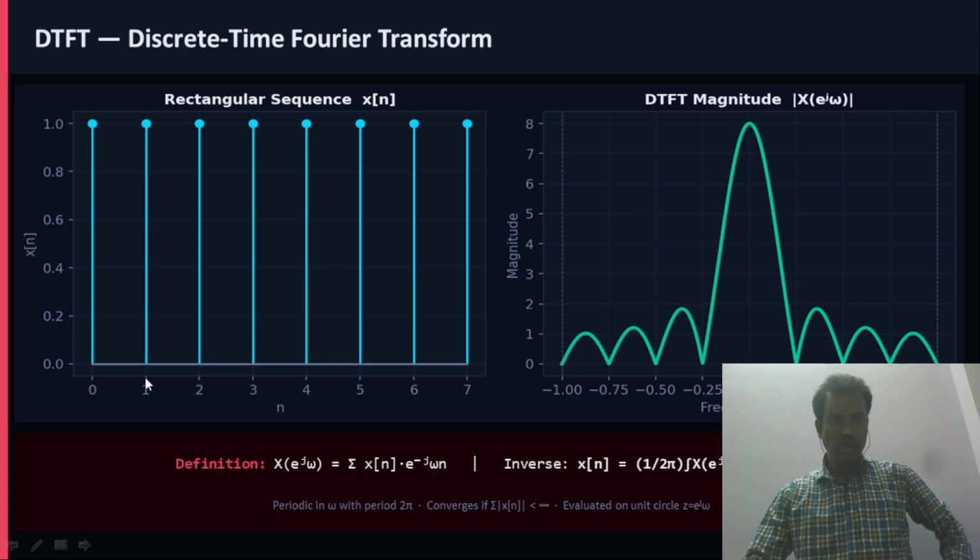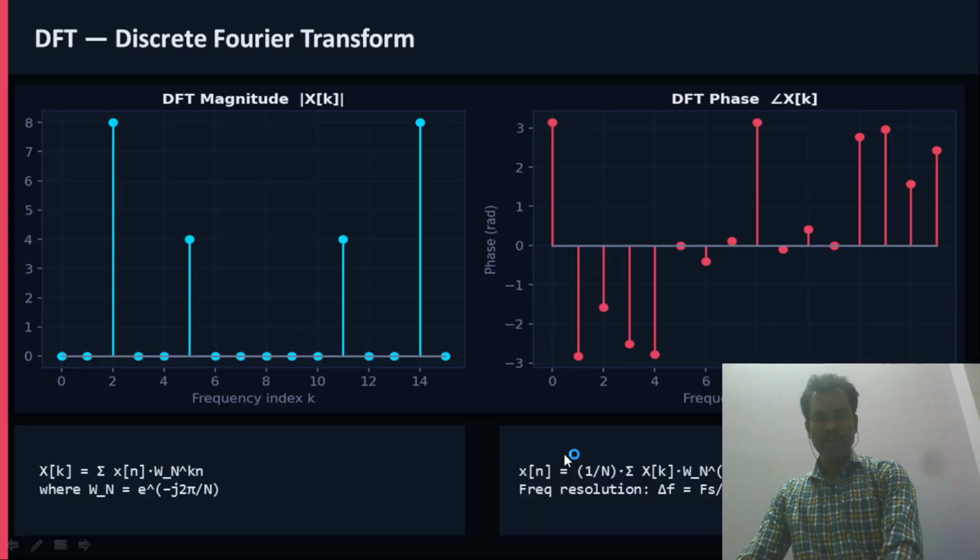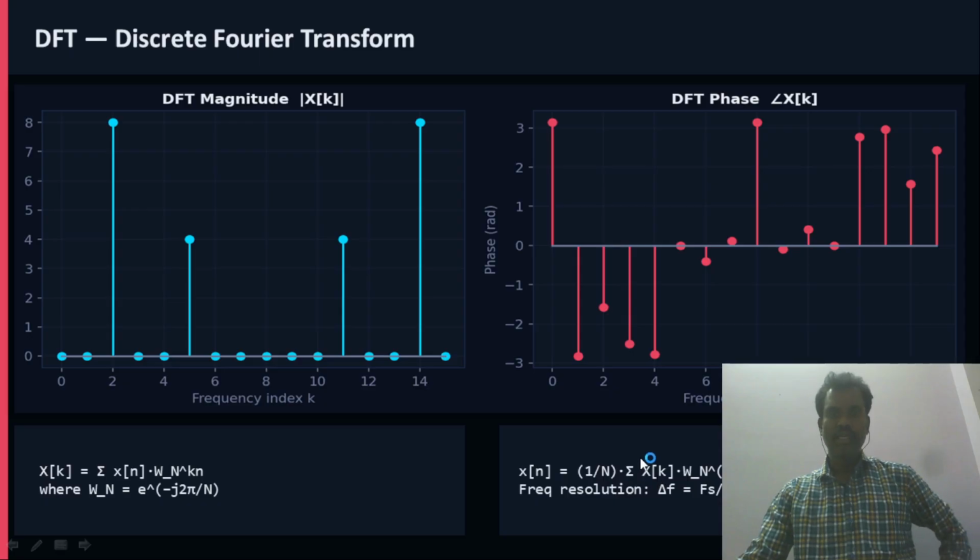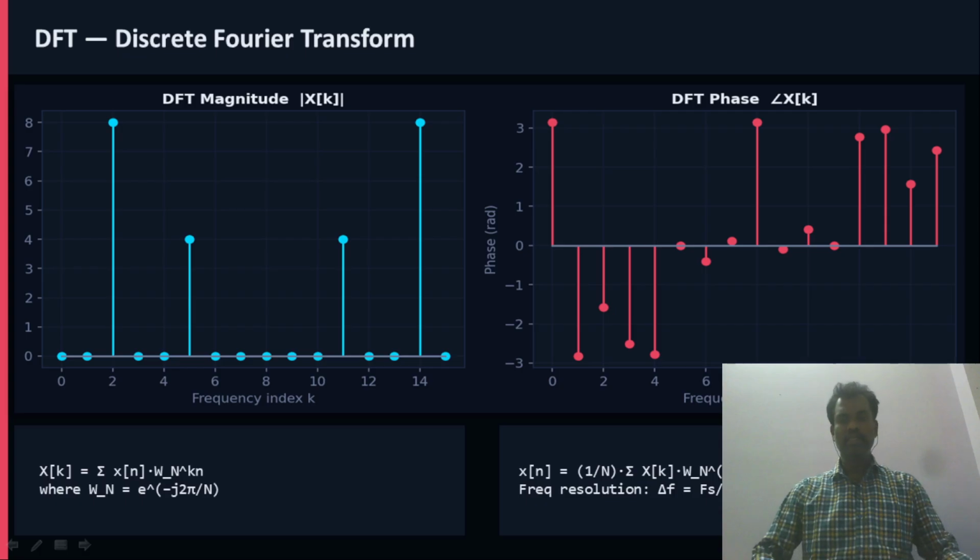Hence, the time domain counterpart, which is aperiodic, will become periodic. Therefore, in the inverse also, sigma k varies from 0 to N minus 1. X of k varies from 0 to N minus 1 and it is periodic. So 1 by N sigma X of k W N power minus kn. So x of n also has only N samples.